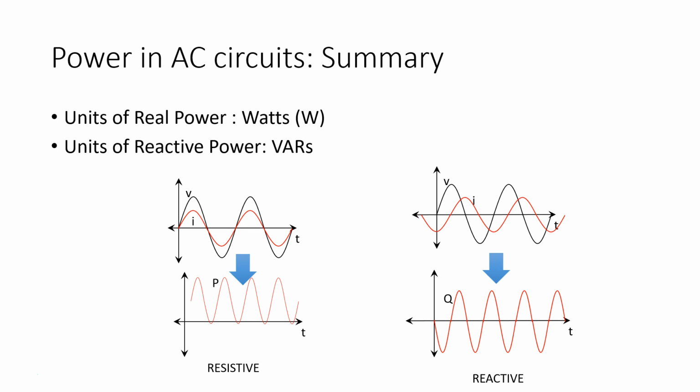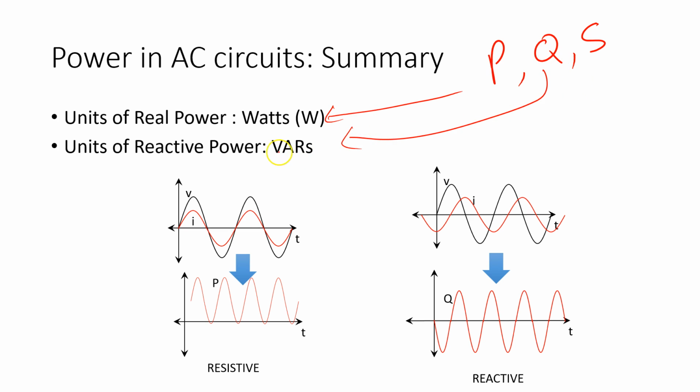So, in summary, we have three types of power: the real power P, the reactive power Q, and the apparent power S. The unit for P is watts, the unit of Q is the VAR, which means volt amp reactive, and the unit for S, I don't have it here, is VA, or simply volt amps, because it's directly V multiplied by I, voltage multiplied by current.